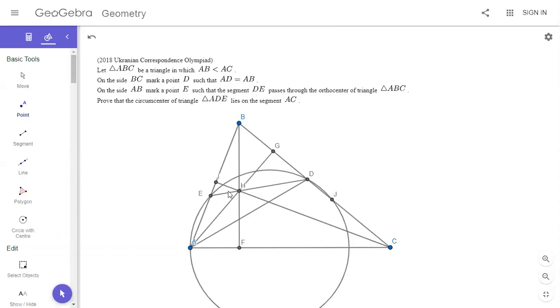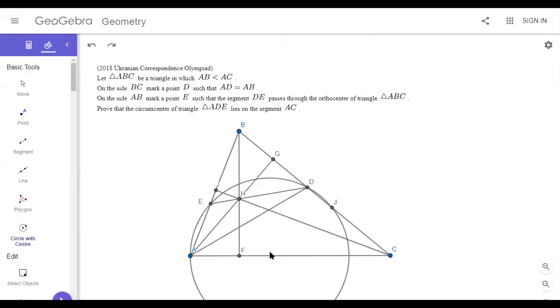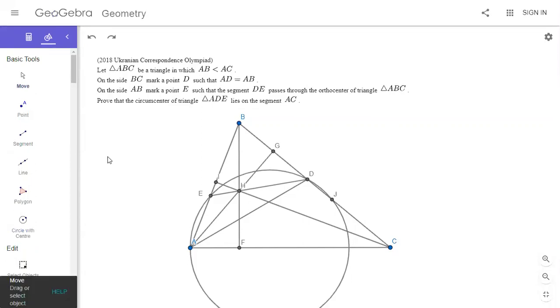Is BE equal to BD? Maybe, looks like. I don't know. Phantom points. Yeah, I was kind of thinking that. So like, let's see.